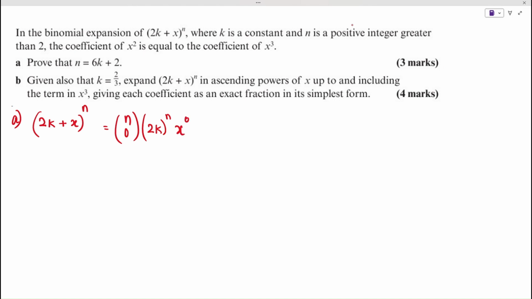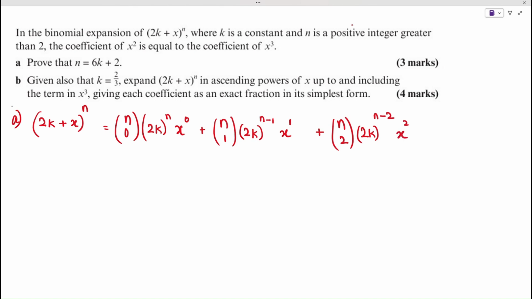Now, the next term would be n choose 1 multiplied by (2k)^(n-1) times x to the power of 1. Now, the next term would be n choose 2 multiplied by (2k)^(n-2) multiplied by x squared.